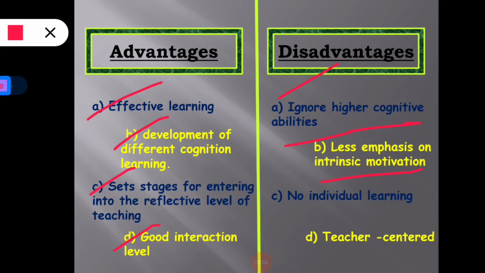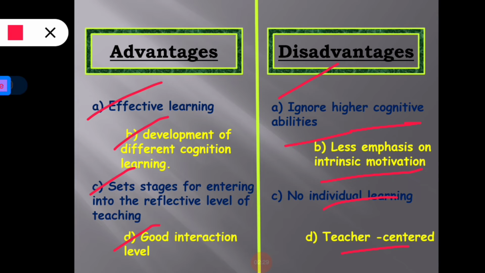Okay, and there is no individual learning, and all methods, all procedures, all things are teacher centered. Because more comprehensive techniques like essay type questions, objective type questions are basically used for evaluation at the understanding level, and all things are teacher centered and subject centered, like memory level of teaching.